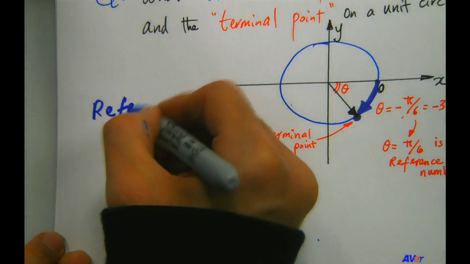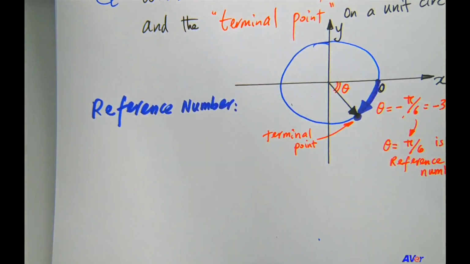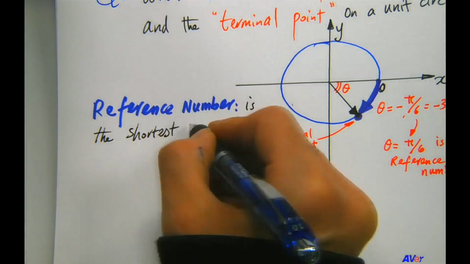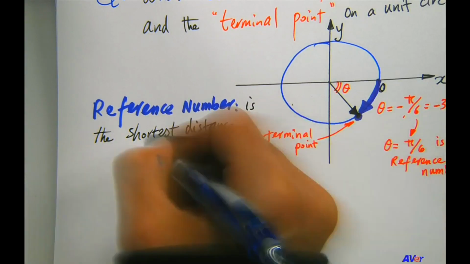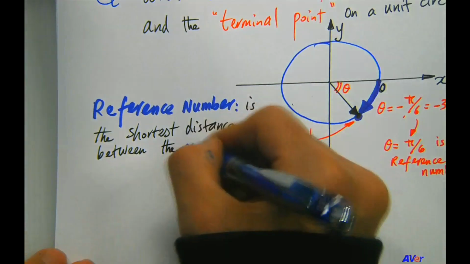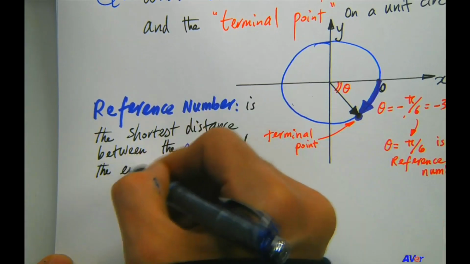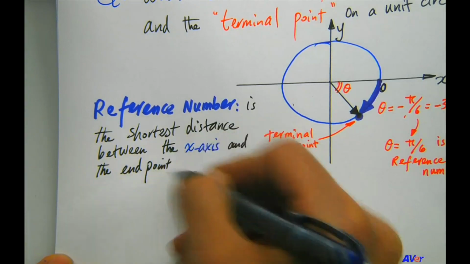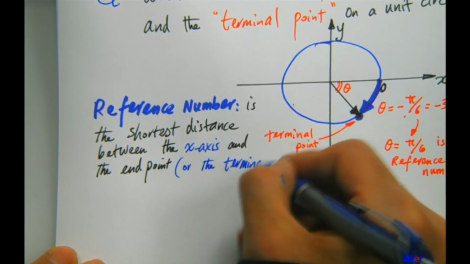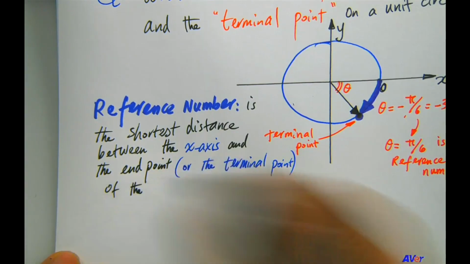The reference number is the shortest distance between the x-axis and the end point or the terminal point of the circle angle, let's call it.